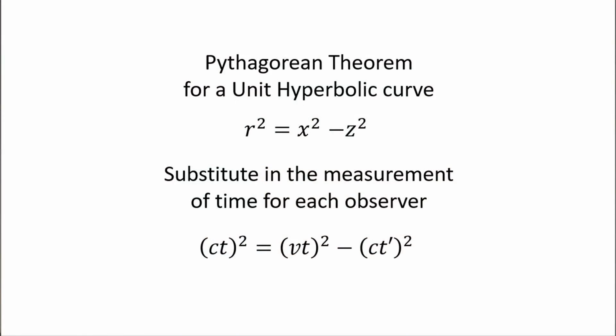We can then also plug in the clocks. In other words, we take these distances and we want to see how the clock for a faster than light object compares to a clock for a stationary observer.